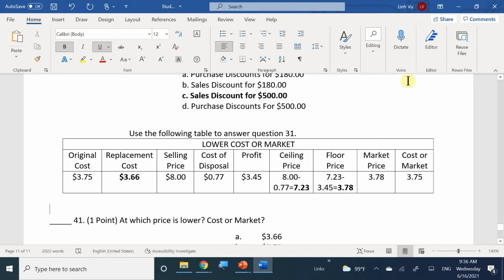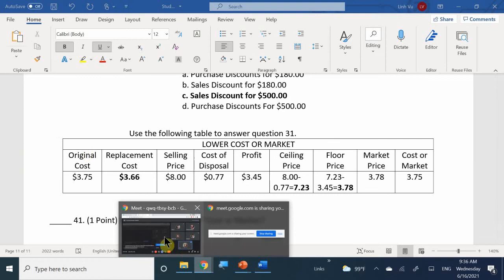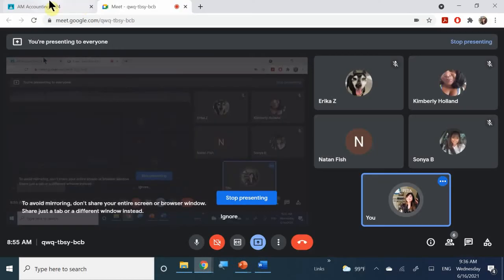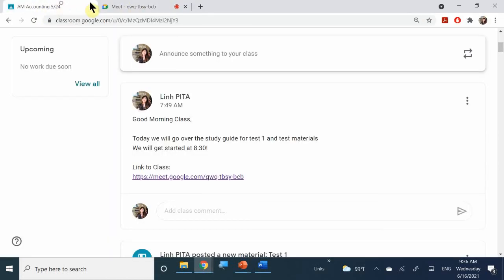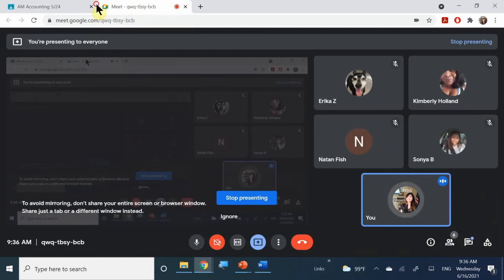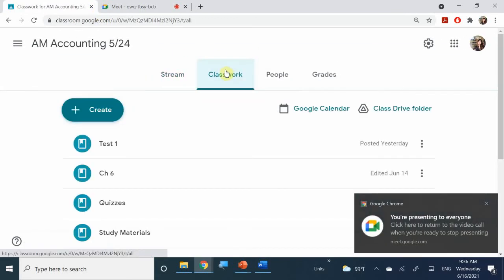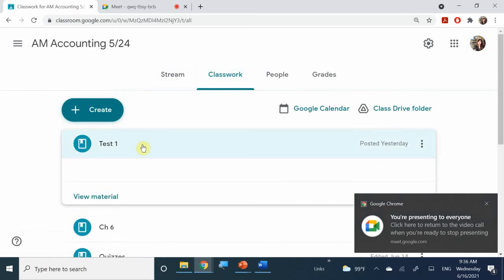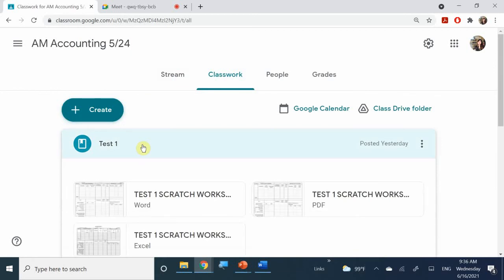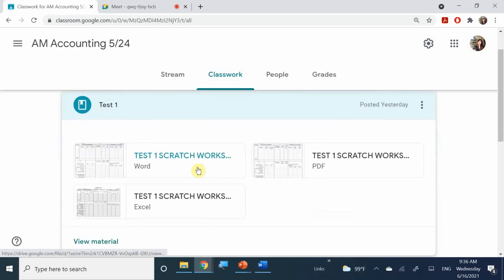So, as I've mentioned before, your exam is going to be 50 questions, multiple choice, and there's only a small section that is actually going to be calculation, which is going to be doing the actual tables. So if you guys took a look at the test number 1 folder, you're going to notice that I uploaded 3 files.